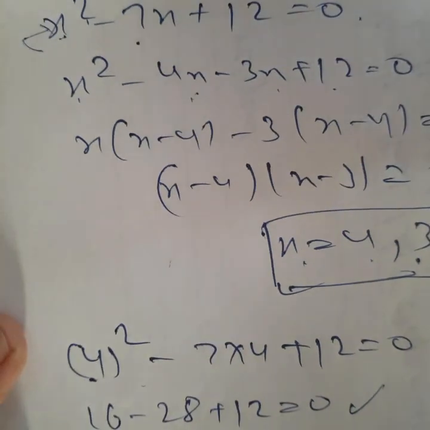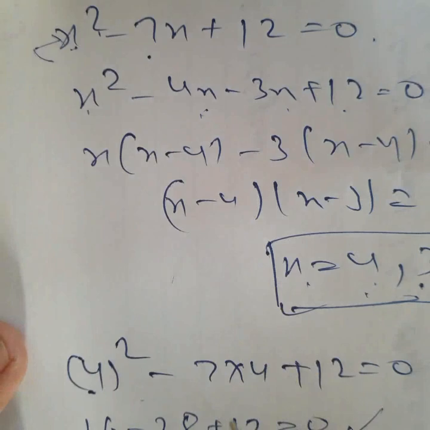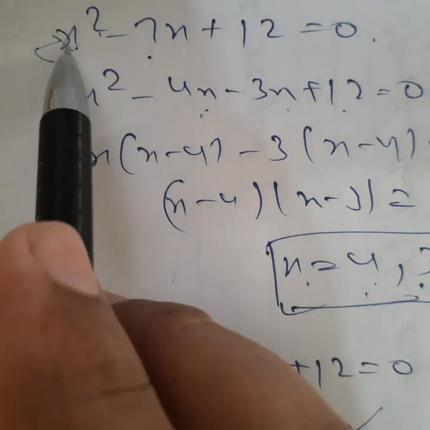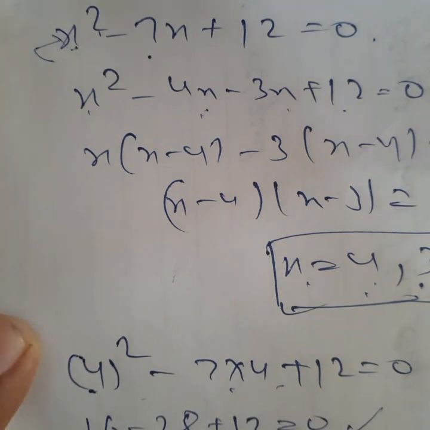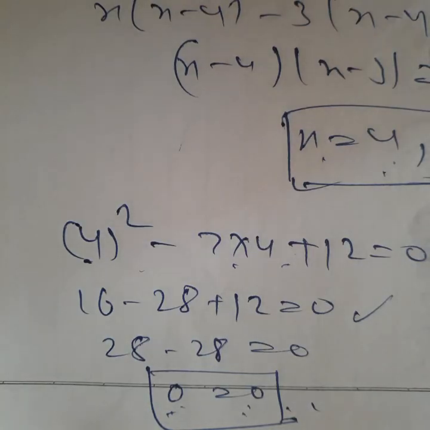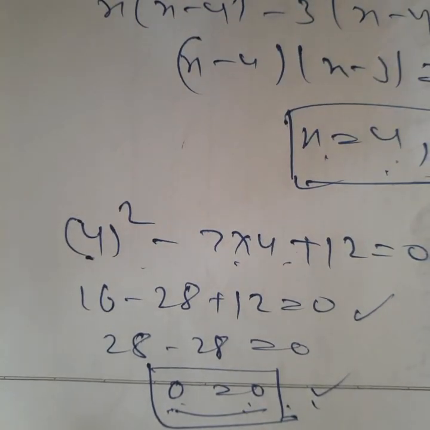Now substituting x is equal to 4 in the given equation, 4 square minus 7 into 4 plus 12 is equal to 0. On solving, we will get 0 on both sides. Hence you can see that zeros are coming on both sides.